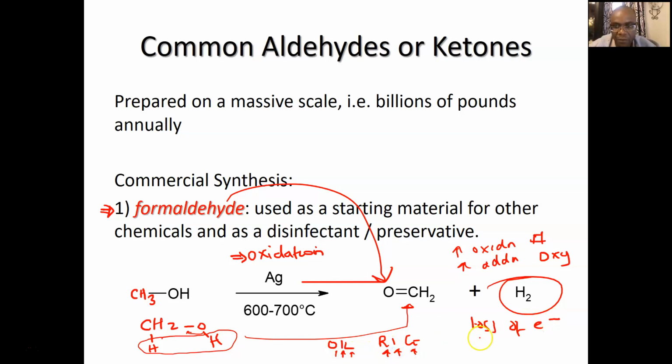So loss of electrons is oxidation. Loss of hydrogens is oxidation. So you're losing hydrogen gas. From methanol, you're losing 2 hydrogens, lost as hydrogen gas. Make a double bond in between, you get formaldehyde. Usually done over silver at extremely high temperature.